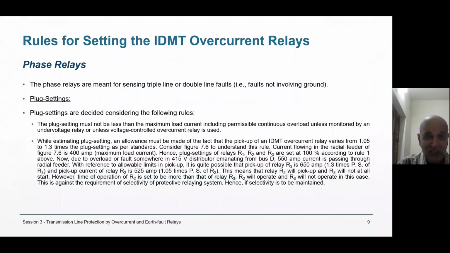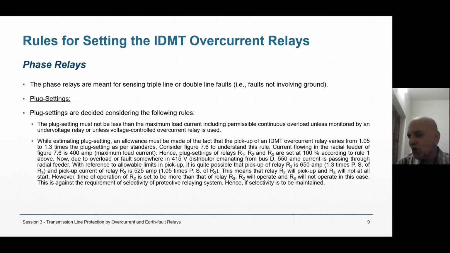Yes. So when we are going to use this in practice, we have to learn these things in detail. So phase relays. Phase relays are meant for sensing triple line or double line faults, that is, faults not involving ground.